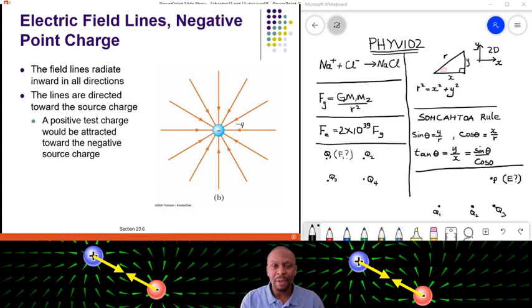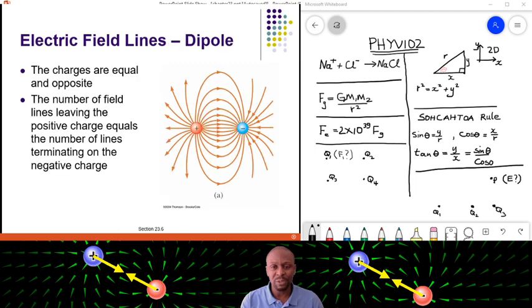Right. Now, in terms of the negative charge, the field lines radiate inwards, into the charge. The lines are directed towards the source charge, and the positive test charge will be attracted towards the negative source charge.